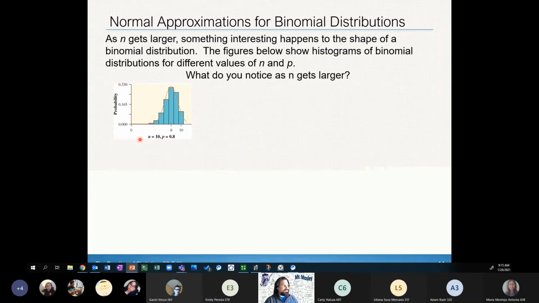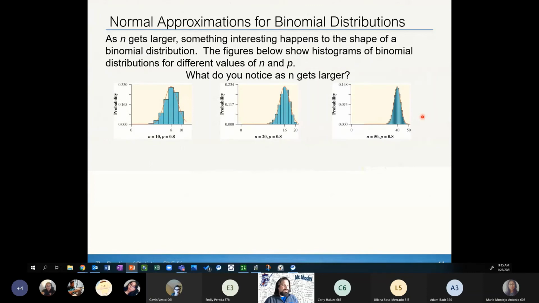We have 10 as our n, 0.8 for p. Next one, n is 20, p is 0.8. So the number of trials is increasing, and the shape is looking increasingly normal. We go up to 50 trials, and this looks almost like a nice, perfect normal curve.